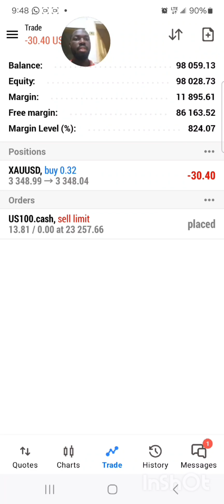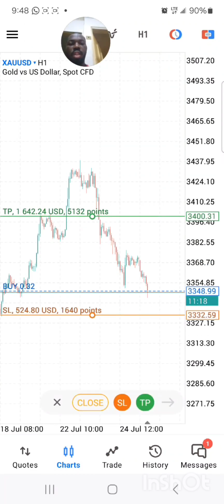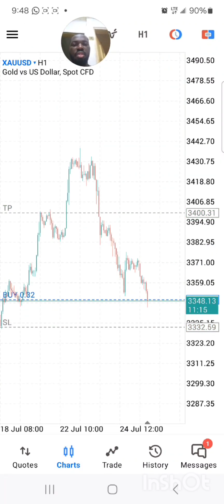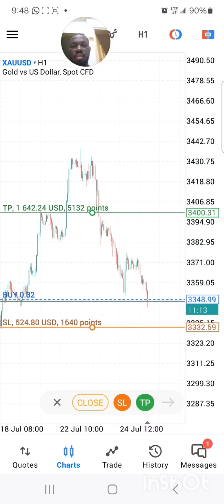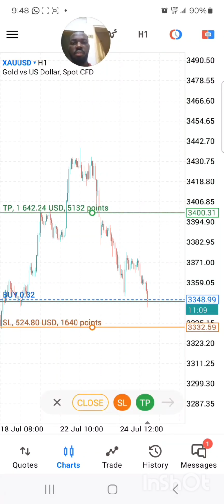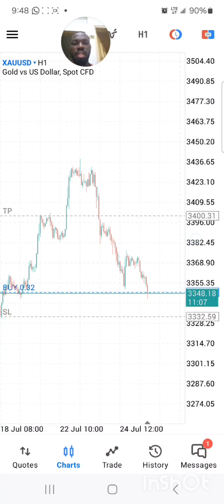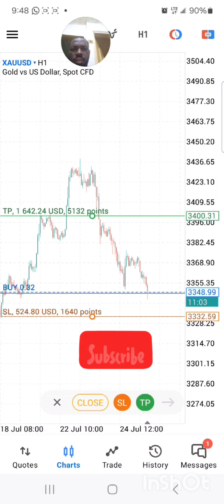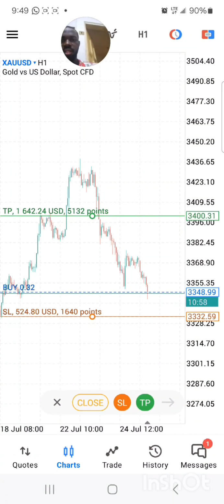Currently the trade is on minus, but the aim is to get it to here. If the trade goes against us, it's going to be 524 in losses. If it goes in profit, it's going to be $1,642 in profit. So if you want to calculate the risk to reward on this trade, you divide the take profit amount you're expecting to receive by the stop loss you're willing to lose.